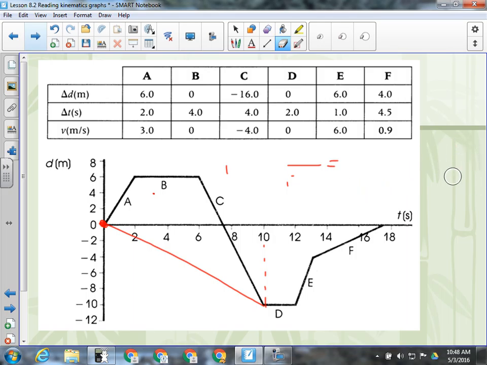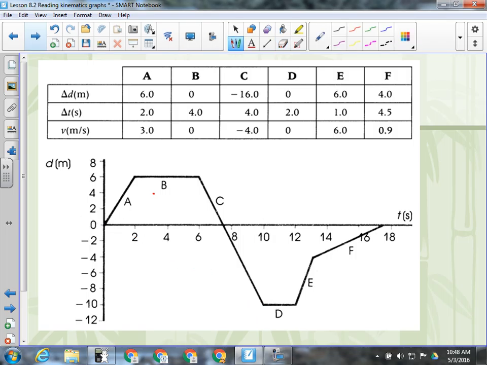What actually becomes a little more involved, not harder, but more involved, is when you're having to find scalar quantities from a graph. So let's say I wanted you to tell me the total distance traveled over this whole trip. How are you going to find that? Yes, that's exactly what you do.